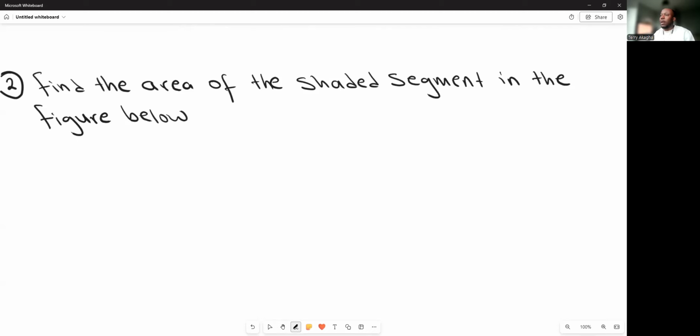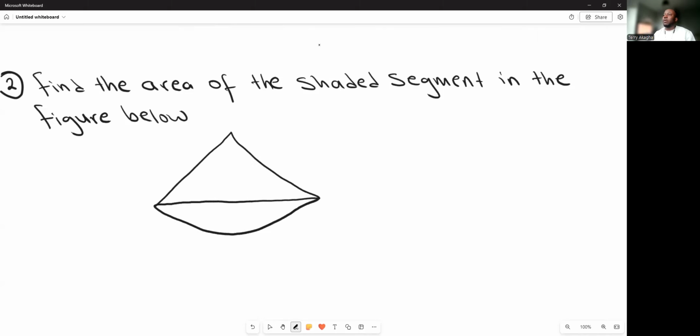So we had this. We're told this angle was 1.05 with a superscript c, and this length is 5 centimeters. And we're told to find the area of this part.